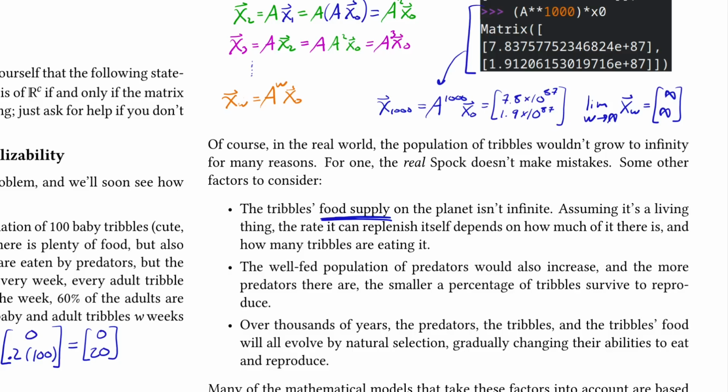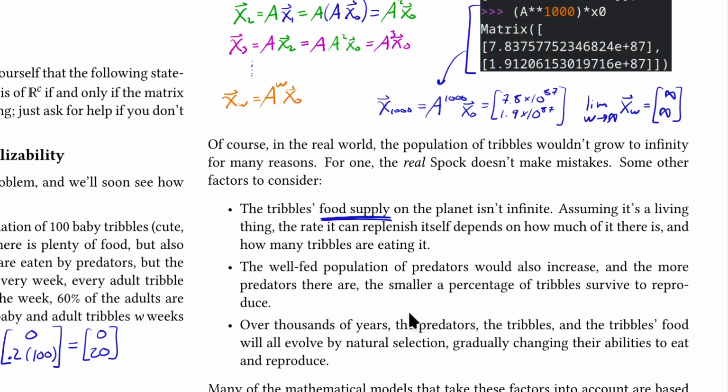Another thing is that the population of predators would also increase as long as they're well fed. And the more predators there are, the smaller a percentage of tribbles survive to reproduce. So there's always a weird balance going on between the populations of the predators and the populations of the prey. And this is a thing that happens in the real world.